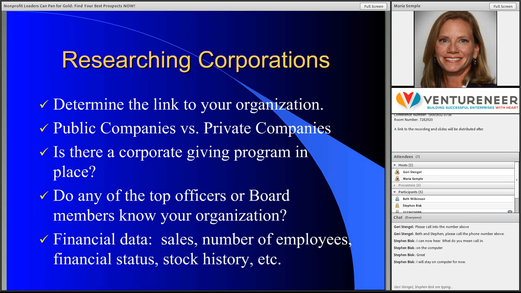So from the outset, knowing this, you'll know that the information on public companies is much more in-depth and vast, and public companies must report it. They're required by law to report data on their companies.